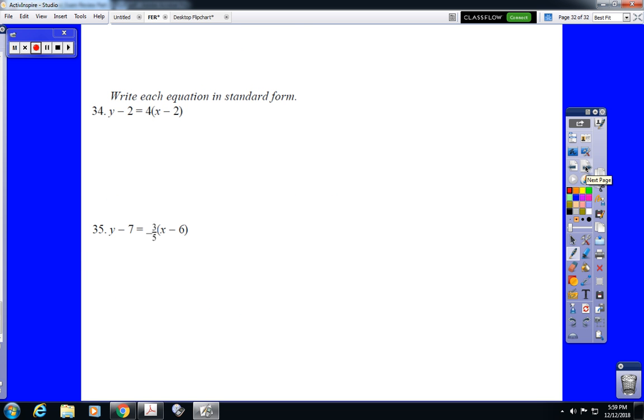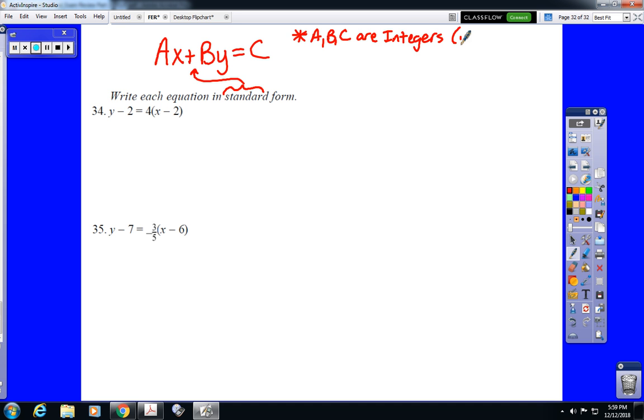Number 34 and 35 are both asking you to write in standard form. Standard form is ax plus by equals c, where a, b, and c are integers, meaning that they're not fractions or decimals, that a is positive, and a, b, and c do not have any common factors.